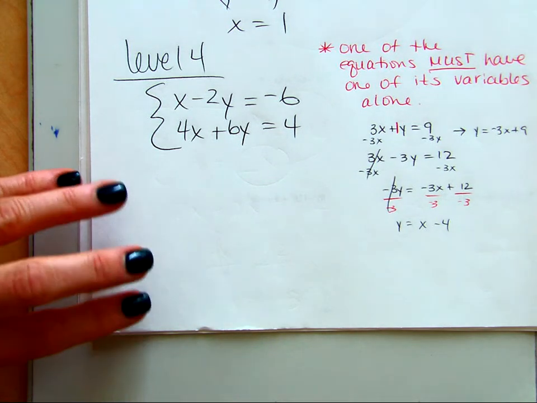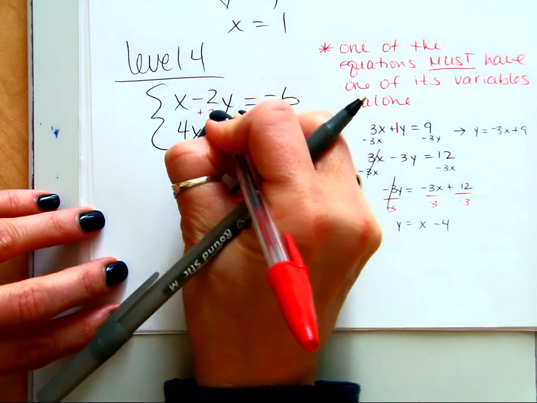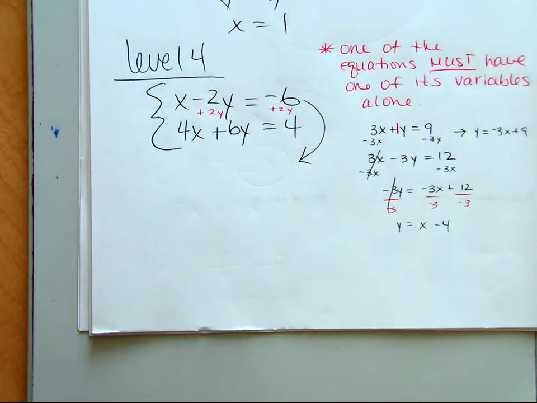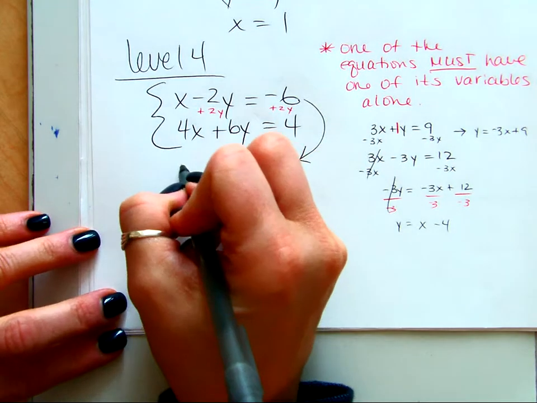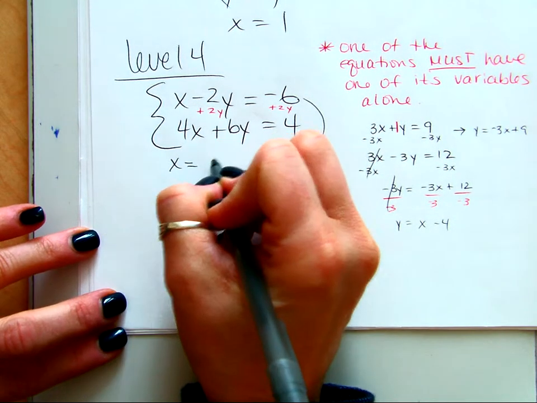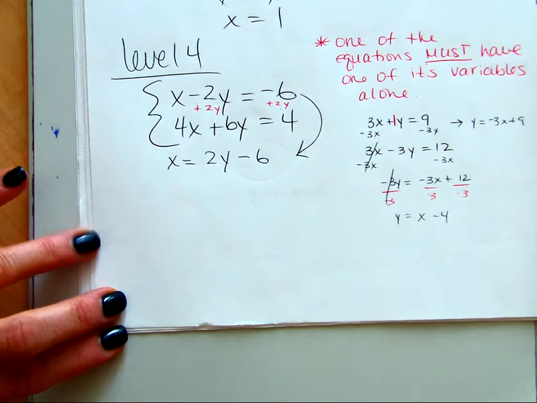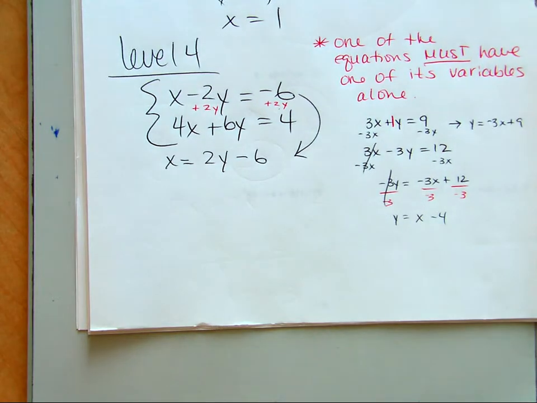Watch what happens when I add 2y to both sides. I get a whole brand new improved equation that is now x equals 2y minus 6. It's minus 6 because that 6 was negative. Man, that looks weird. It is not what we're used to seeing, but in substitution, it doesn't matter.